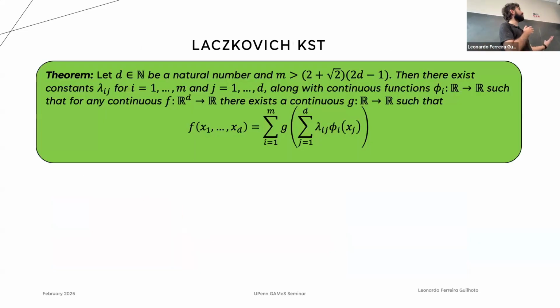The Laczkovich version says the following. Let D be any natural number, where again D is the input dimension, and M be any integer that is at least that big.